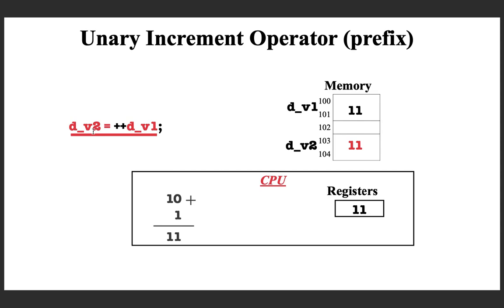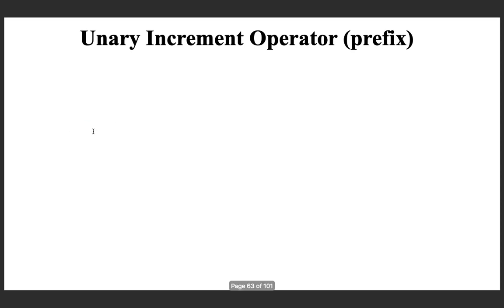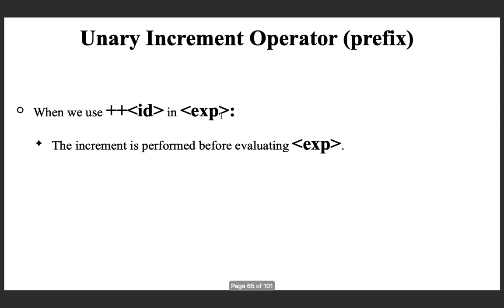Postfix means you use the original value in the expression computation, and after that you increment. These are the differences. Now this is what we saw. When we use plus plus id in an expression, then the increment is performed before evaluating the expression.